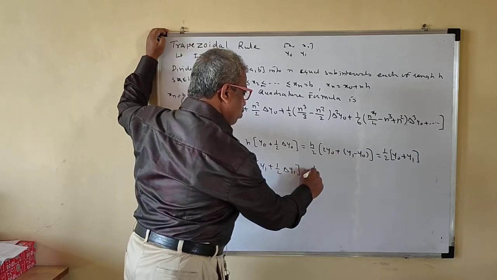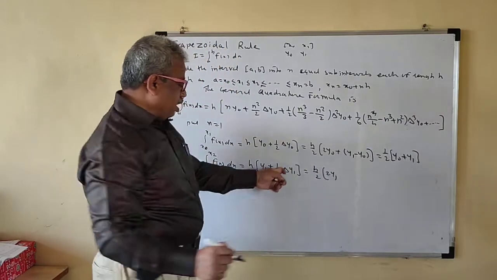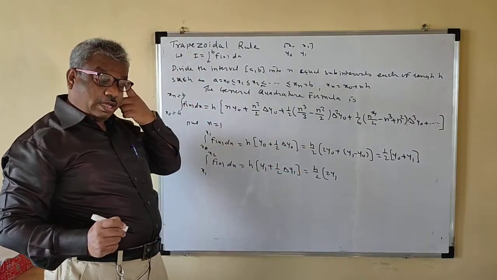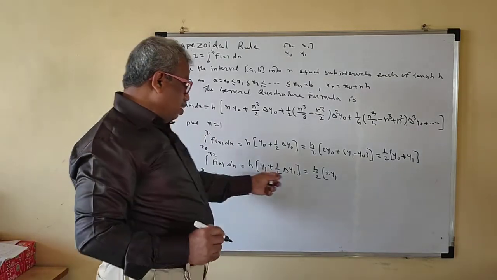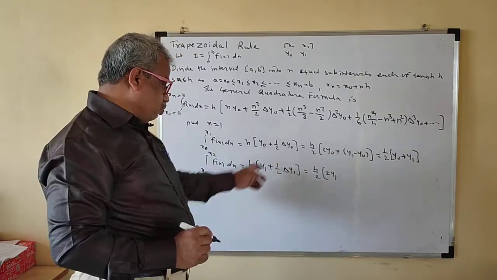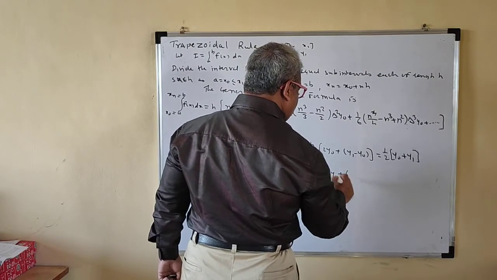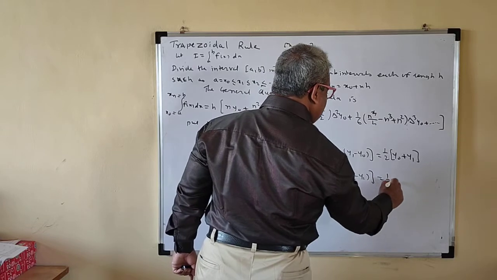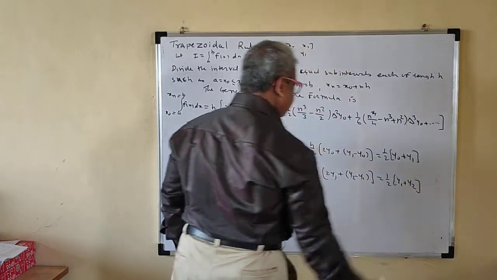Now we take h by 2 common, so we multiply all the terms by 2. So 2y1 plus delta y1, where delta y1 is y2 minus y1.